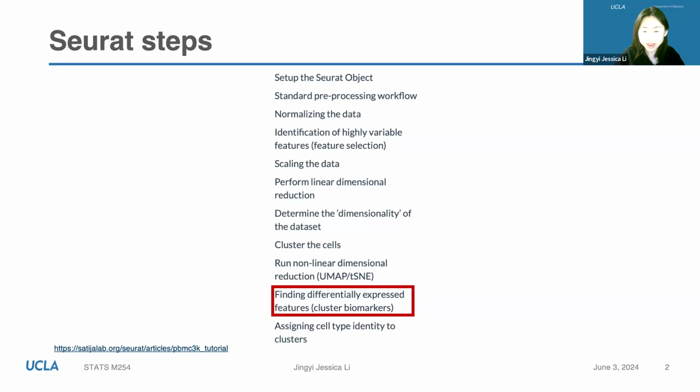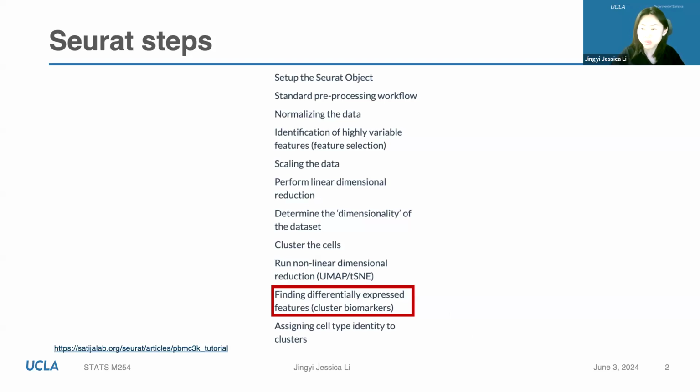So once we have the differentially expressed features, we can annotate cell types. But one thing I noticed in the last note is the double dipping issue, which is that you use the same data to do clustering and DE analysis, then naturally you will find a lot of DE genes. And my group has developed an approach to circumvent or avoid this double dipping issue. So that's all.